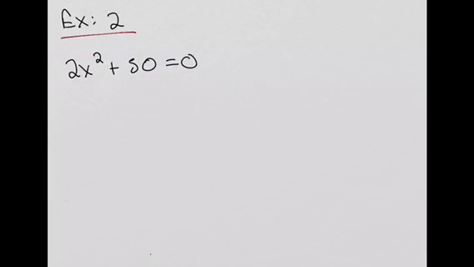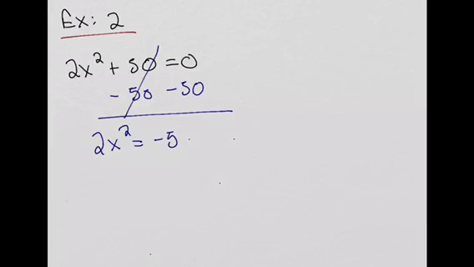Let's see this example. For this example, the first thing we need to do is to isolate the variable. So in order to isolate the variable, I am going to subtract 50 from both sides. And I'm still using the square root method. So this is what I'm left with: negative 50.